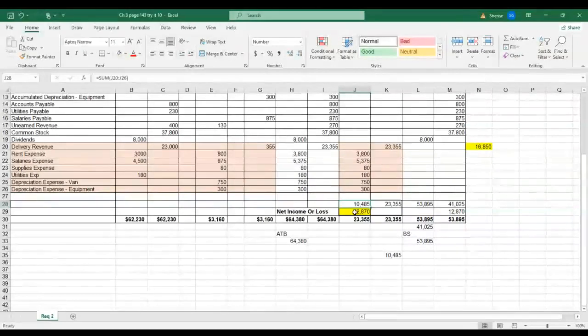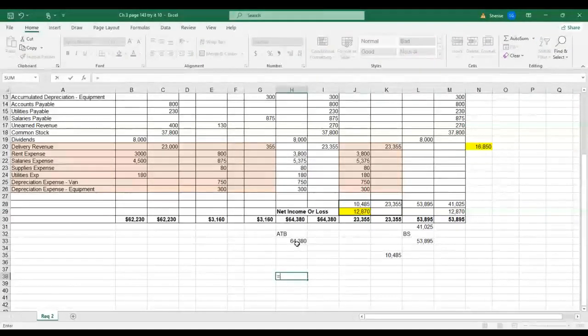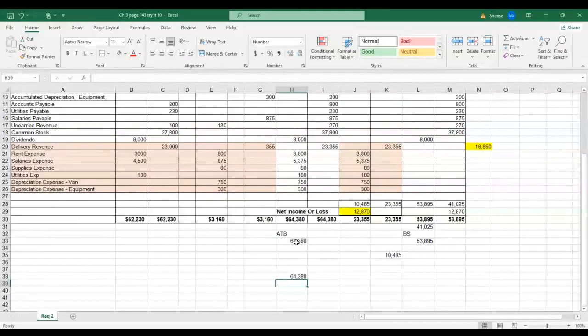And so then that's a check that you can use to see if this is right. If you take your adjusted trial balance, and let's say you're confident in this, you know, you're like, okay, I know that I've got my income statement right, but I'm just not sure about the balance sheet.